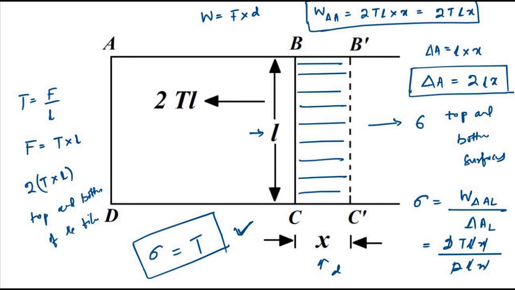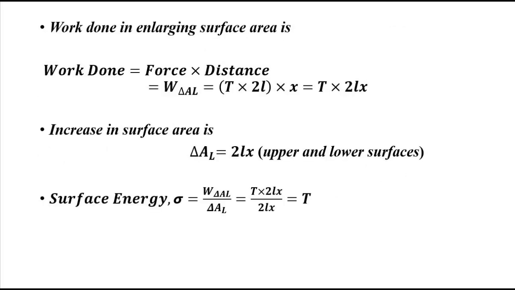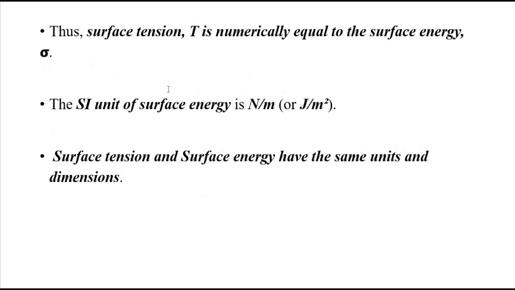So what does it mean? It means that surface tension is numerically equal to surface energy. And the SI unit of surface energy and surface tension will be the same: Newton per meter or Joule per meter square.